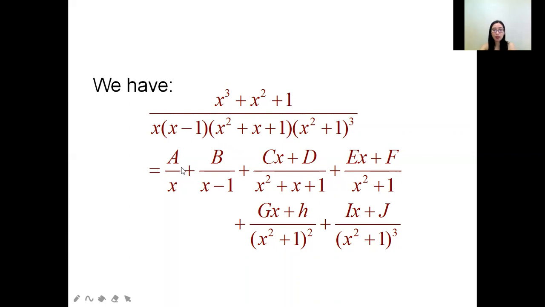So we have a over x plus b over x minus 1 plus cx plus d over x squared plus x plus 1 plus kay so kini mo maning first na to nga irreducible na quadratic. Next kay kini tapos ikatatlo pag yun siya ha gi-repeat. So x squared plus 1 to the power of 1 pa man na siya. Next kay to the power of 2 to the power of 3 dayon.